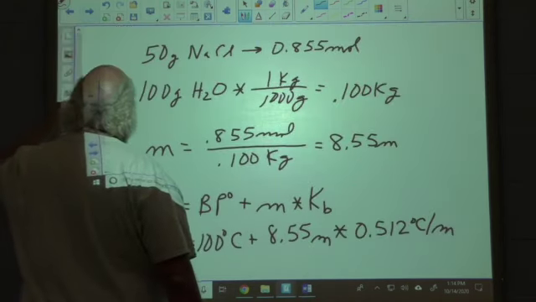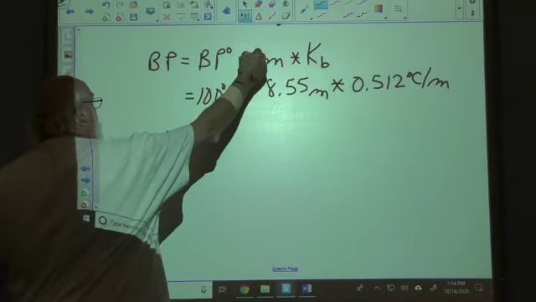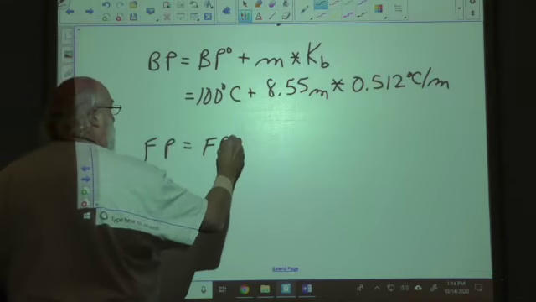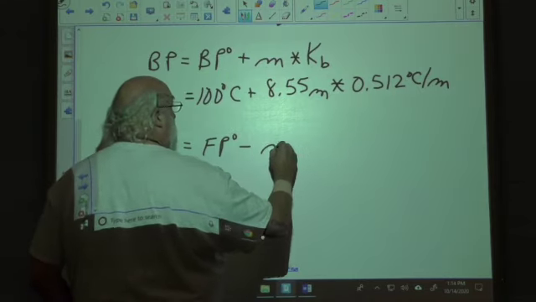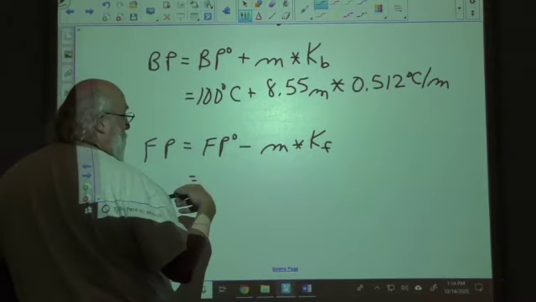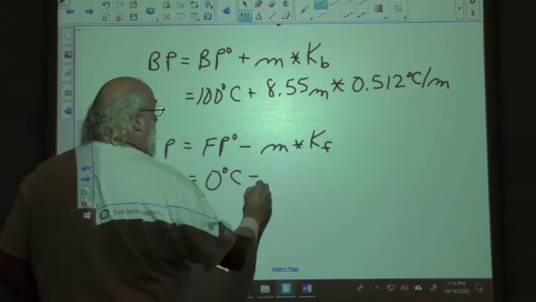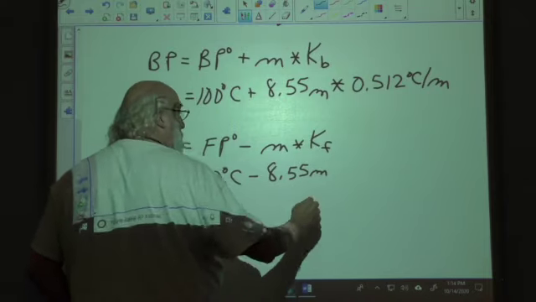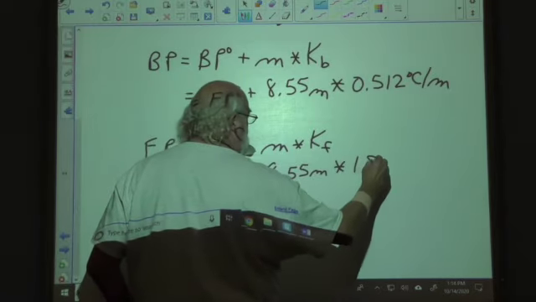Let's do the freezing point now. It's pretty much the same thing, except you have a Kf instead of Kb, and you're going to change that plus sign to a minus sign. So freezing point equals the original freezing point minus your molality times Kf. We know the freezing point of water is 0 degrees Celsius, minus 8.55 moles per kilogram of solution times 1.858 degrees Celsius per mole per kilogram.